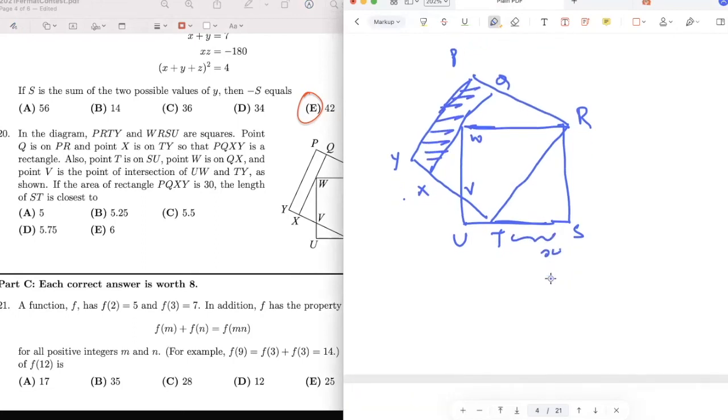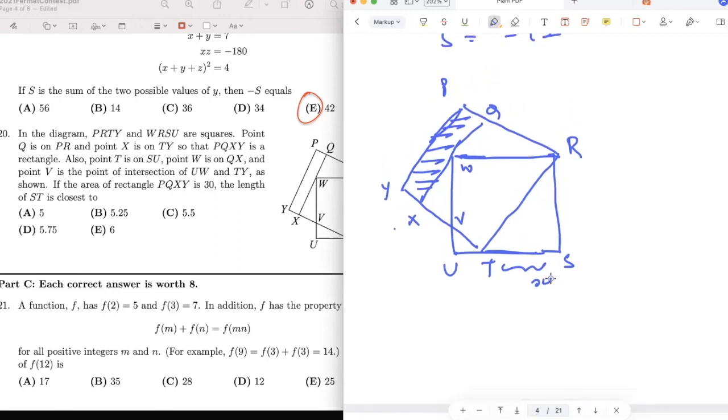Okay. So I think we'll need to use similarities. So if this is theta, this is 90 minus theta. So this is also theta. If this is theta, this is 90.